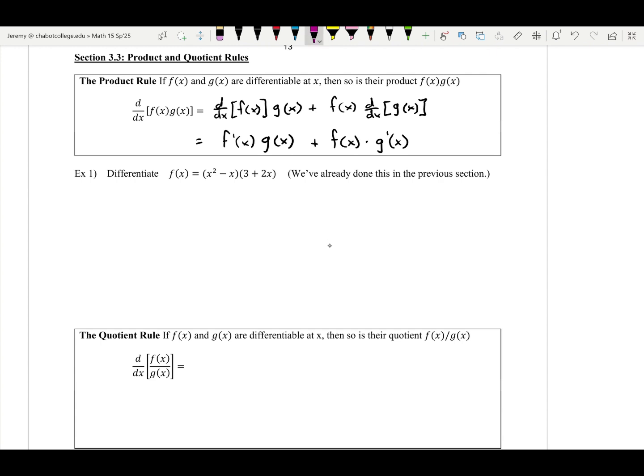So I'll call this first function f, and we can call this second function g. So f is the quadratic, g is the linear function. And we want to find the derivative of this product. So let's try this. Our derivative, d/dx of this product, f times g, is going to be f prime of x times g of x plus f of x times g prime of x.